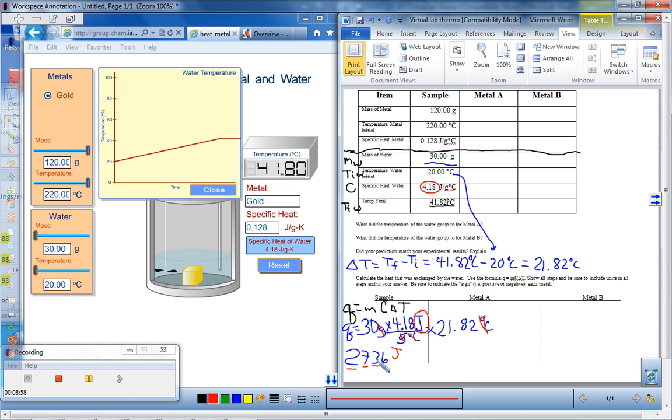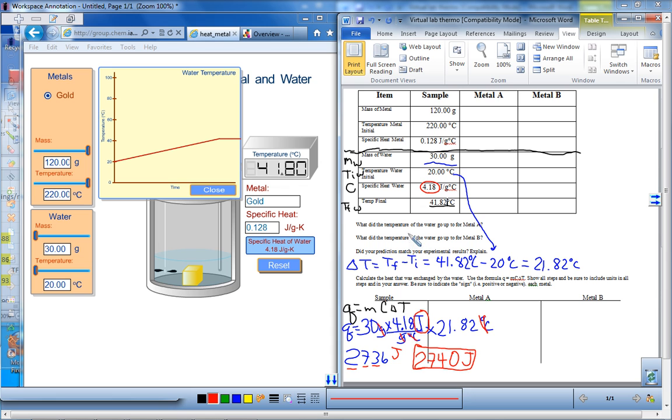The 6 is going to change the 3 to a 4, so I'll end up with 2,704, and the last digit will be a 0, just a placekeeper. And that's joules, so that'll be my first calculation. That is the heat exchanged by the water. This is the heat into the water.